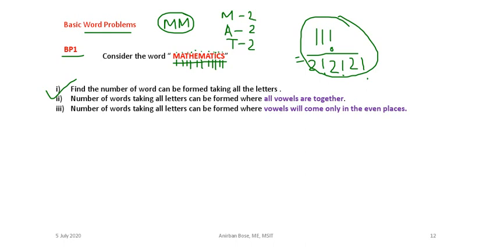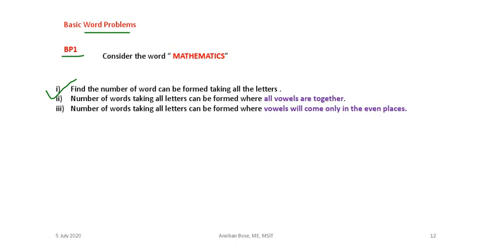Now let us see the second part of the problem. The number of words, taking all letters, that can be formed where all vowels are together. Then how many vowels are there here?